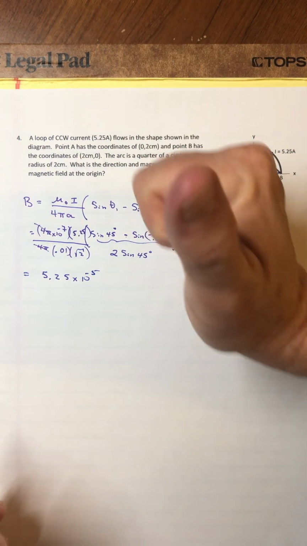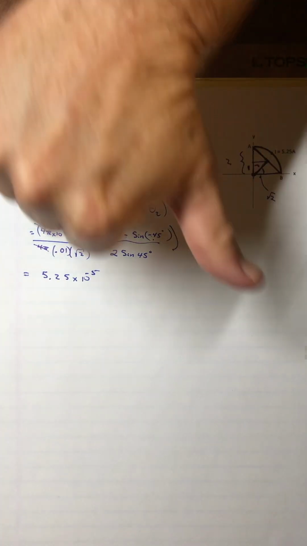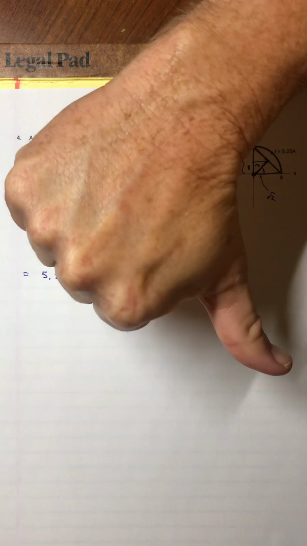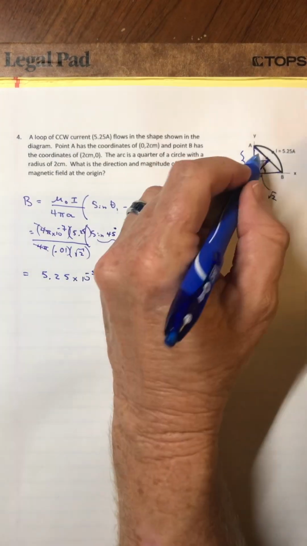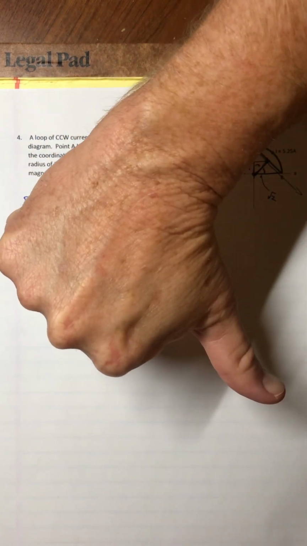Because maybe now I should take my right hand and pretend I'm grabbing the wire with my right hand, so my thumb is in the direction of the current here. And so my current is pointing down here at a 45-degree angle.